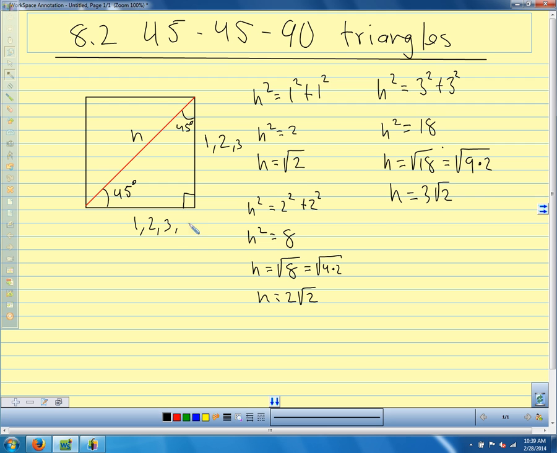So let's do this for x, just some side length x. So H squared equals x squared plus x squared. We did something like this. There was a problem like this in our homework. So H squared, how many x squareds do I have? 2. 2x squared. Take the square roots to undo the square here.